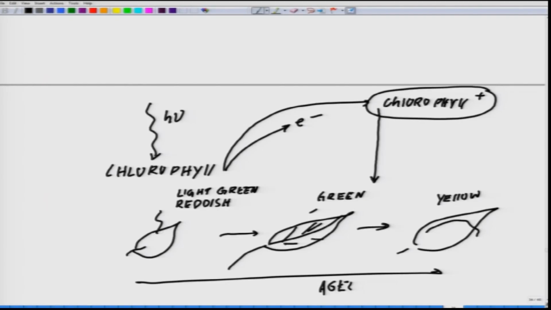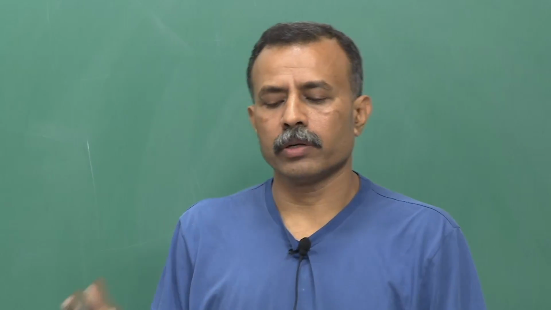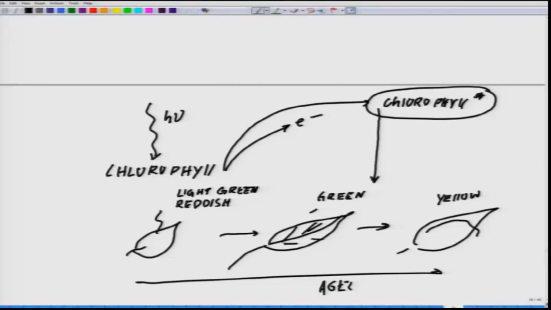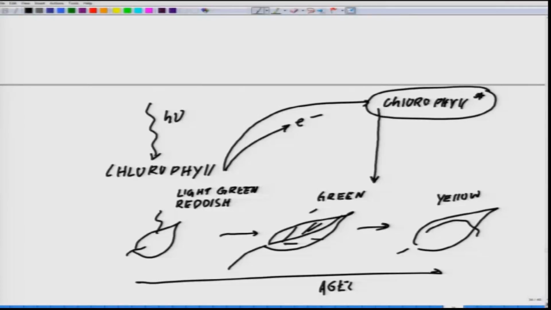Just before I get into this story, when a chlorophyll molecule absorbs light, it ejects an electron and becomes hyperexcited. Now, there are two options. Either a leaf should have an infinite number of chlorophyll, with every chlorophyll getting destroyed each time it ejects an electron.